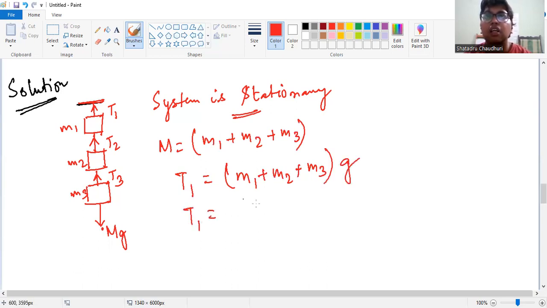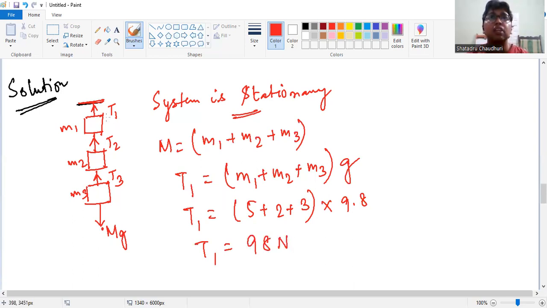Using the values, 5 plus 2 plus 3 into 9.8, adding up 5 to 7 to 10, then into 9.8, it will be 98 newtons. T1 is the topmost tension, and since it is acting at the top point, it is balanced by the total weight of the system.